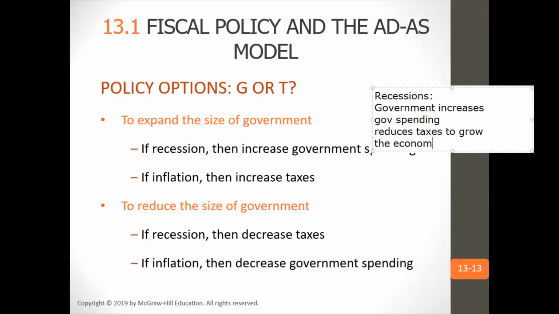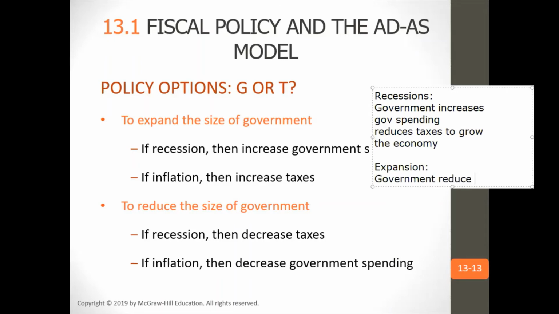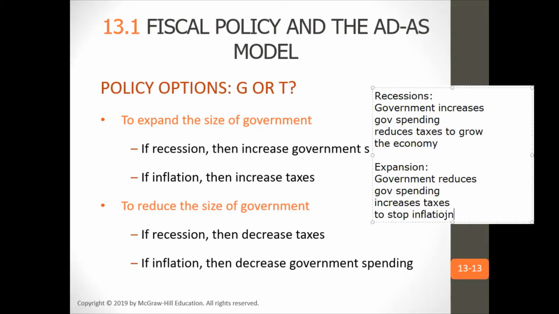And then in an expansion, government reduces spending and increases taxes to stop inflation. So we're kind of right now in Canada, we're about here. So they're kind of doing that.